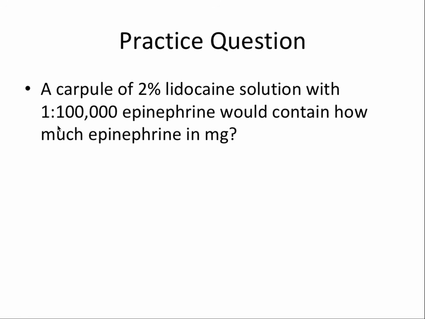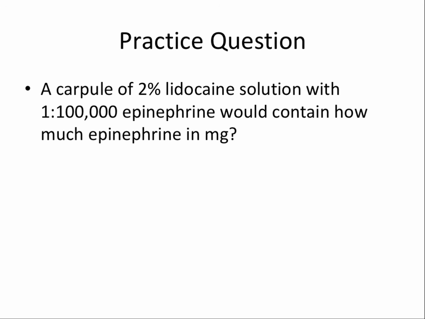In other words, 1 to 100 would be 1%, 1 in 100. So 1 in 100,000 would be 1/1000th of a percent. Or you can think of it this way, 1% divided by 1,000 with these 3 zeros.